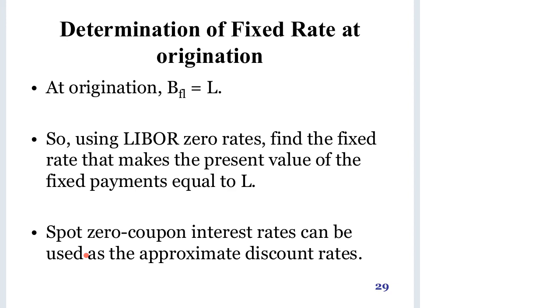At the beginning of the period, at origination, the value of the floating leg bond will be nothing but the face value, because the interest rate is the same, so it is setting itself at par.